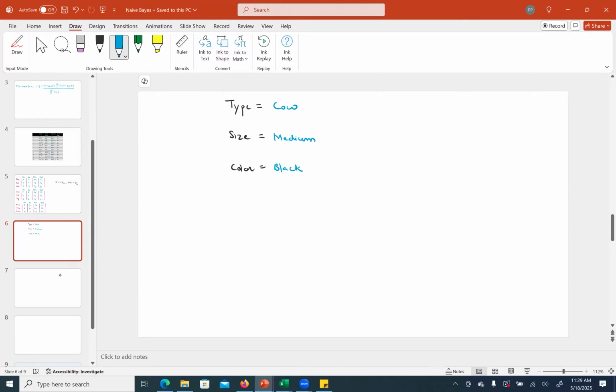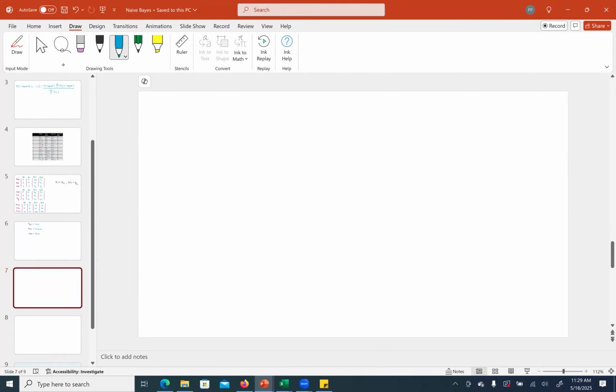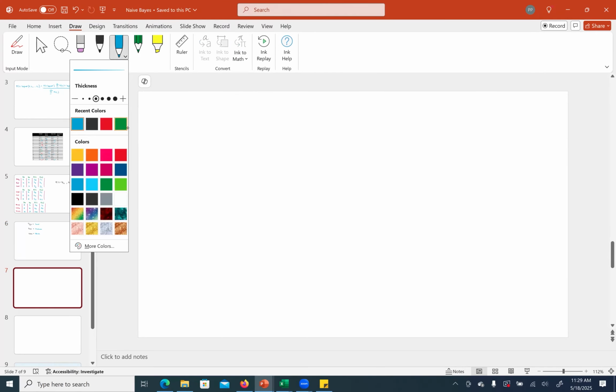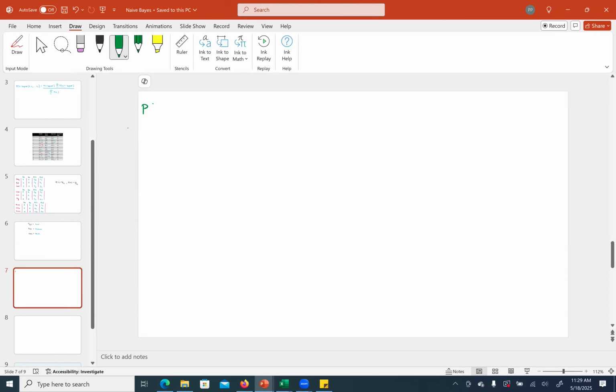Now, I will use the Bayes classifier, which is the probability of whether I should be petting this animal or not, given that it is a cow, it is medium, and it is black in color.